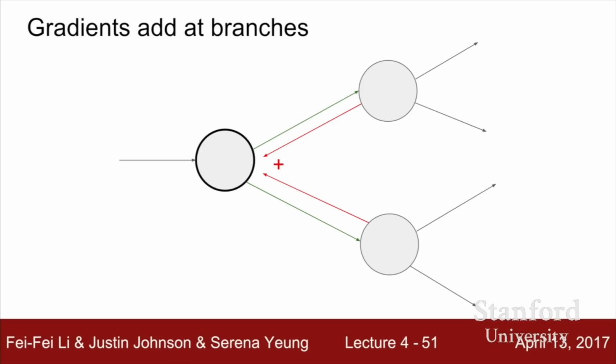You can also think about it this way: if you change this node a little bit, it's going to affect both of these connected nodes in the forward pass. So when you're doing backprop, both of these gradients coming back are going to affect this node, and that's why we sum these up to be the total upstream gradient flowing back into this node.